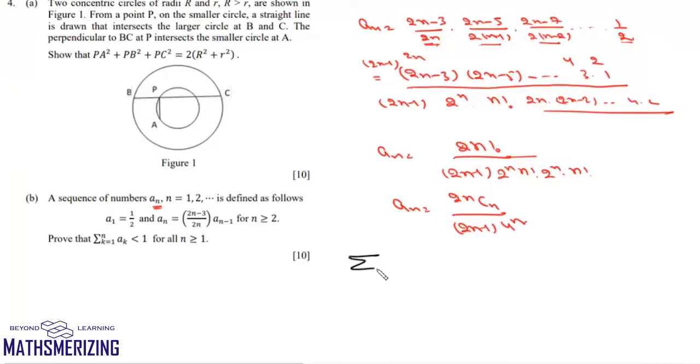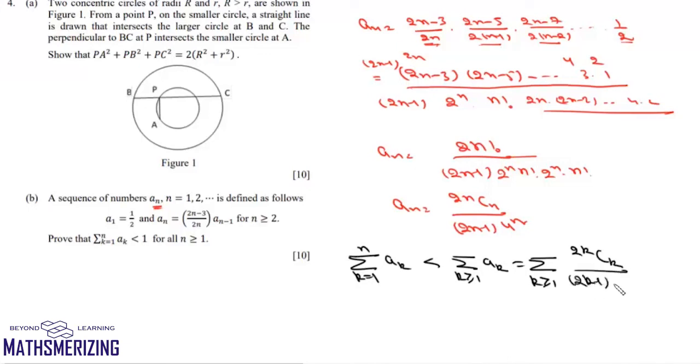Now this summation of ak, where k varies from 1 to n, will be less than the summation k greater than or equal to 1 of ak. Now this is summation k greater than or equal to 1 of 2k Ck upon (2k minus 1) into 4 to the power k.